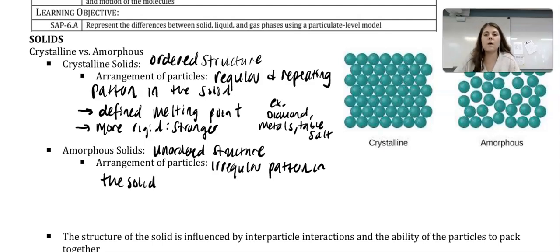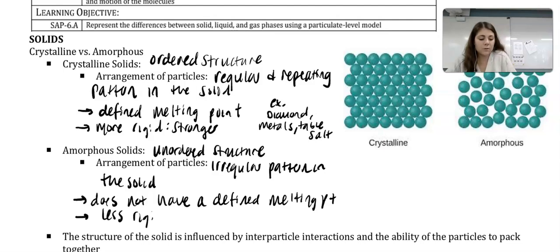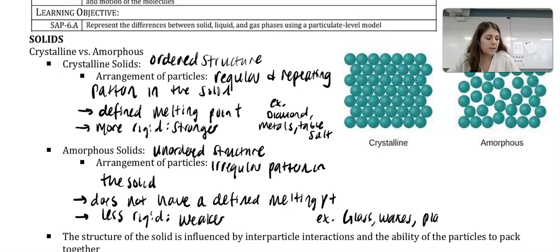So kind of going off of crystalline, it does not have a defined melting point. I'll talk about that in just a second. And then lastly, it will be less rigid, so it's going to be a lot weaker than our crystalline. Some examples can be glass, waxes, plastic, etc.